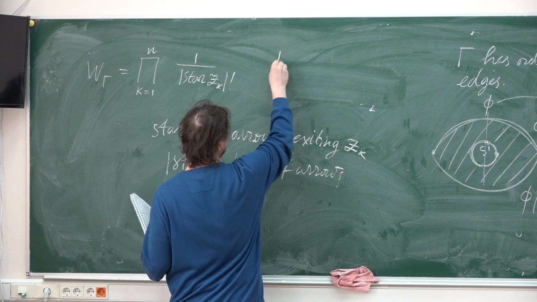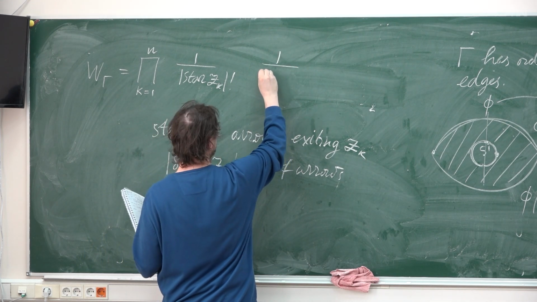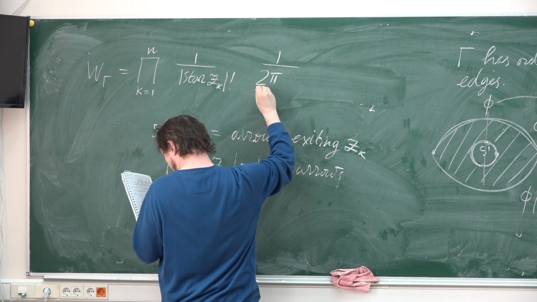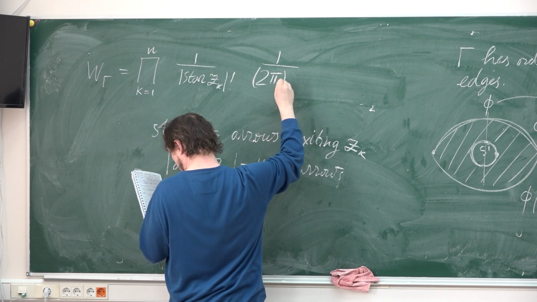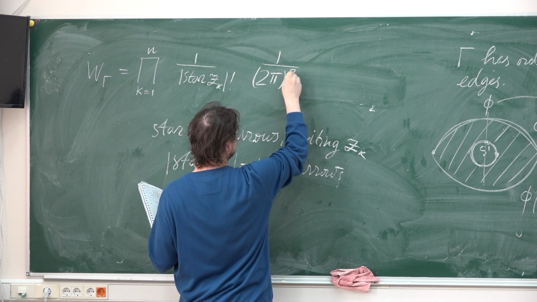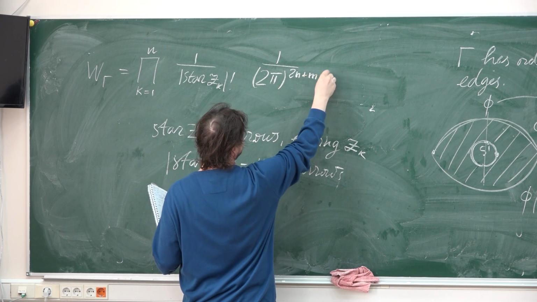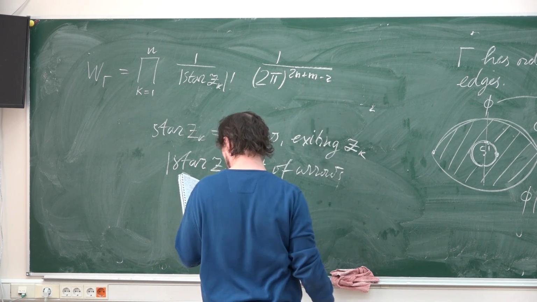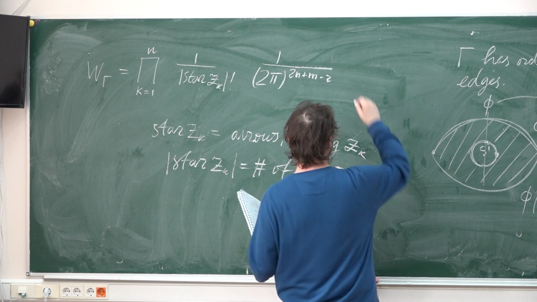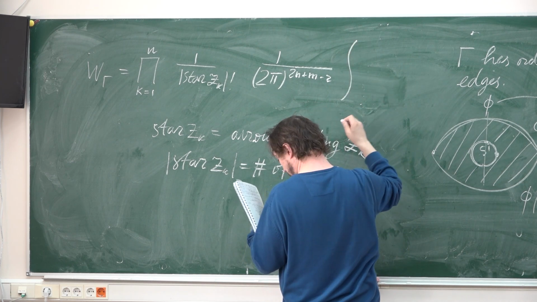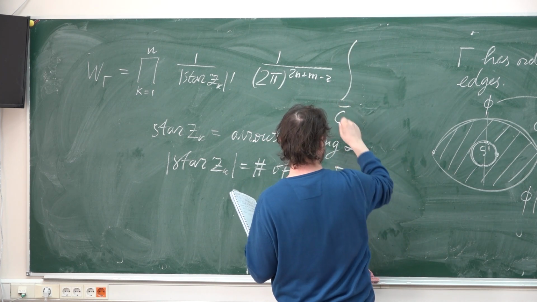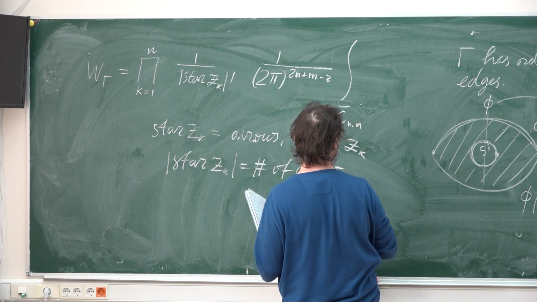Then we have the following normalizing factor, 1 over 2 pi to the power 2n plus m minus 2. And finally, we have the integral over c bar n m.